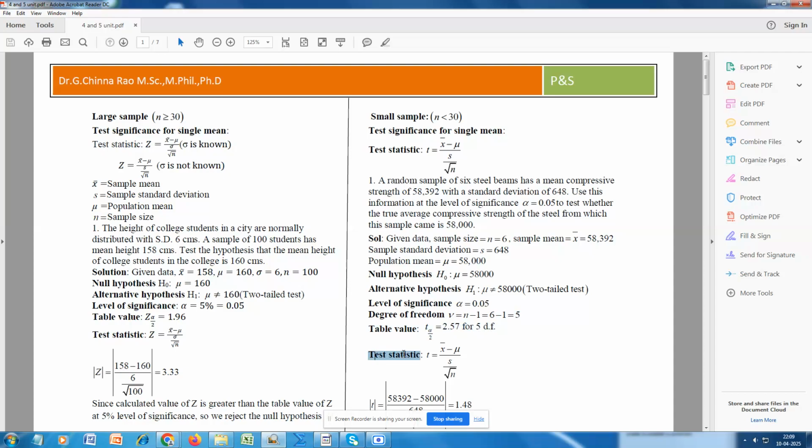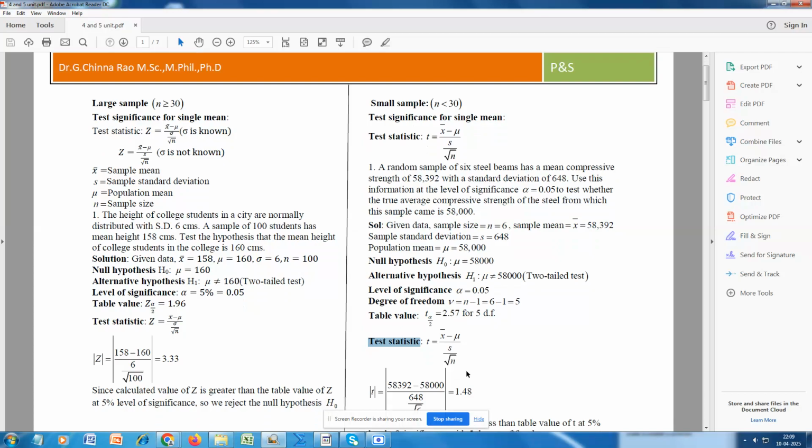Next, test statistic t is equal to x bar minus mu by s by root n. This is also called the t test. For a small sample we can use the t test. Now substitute the above values in this formula.